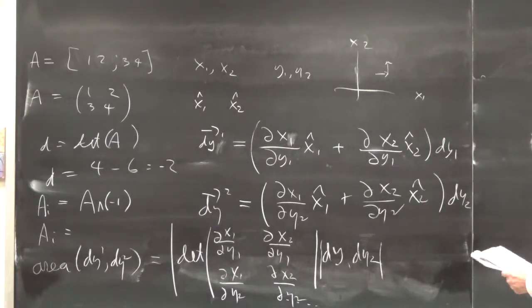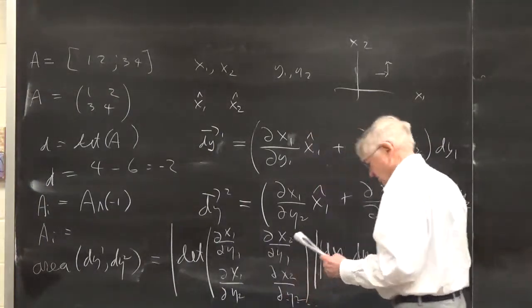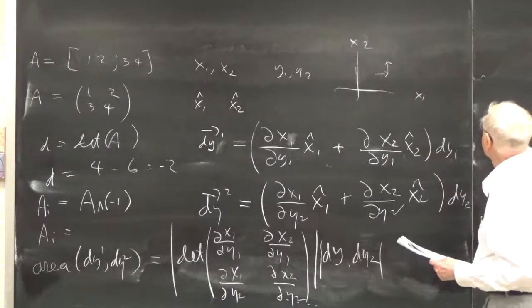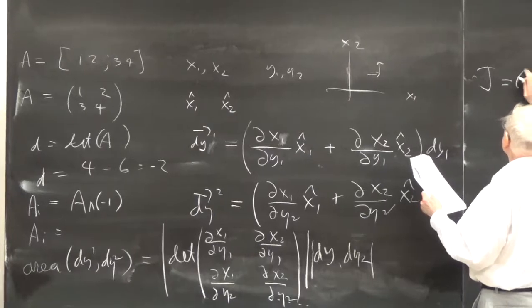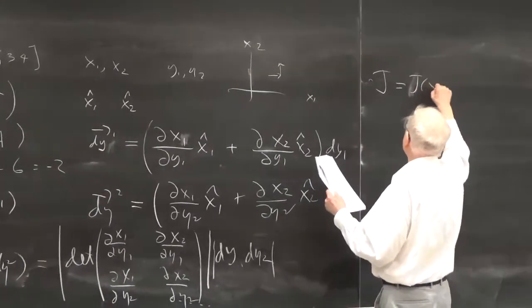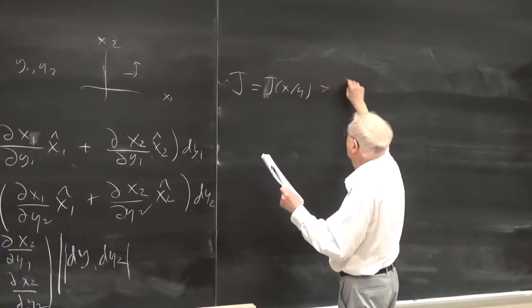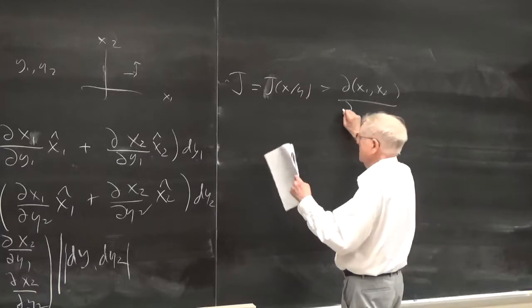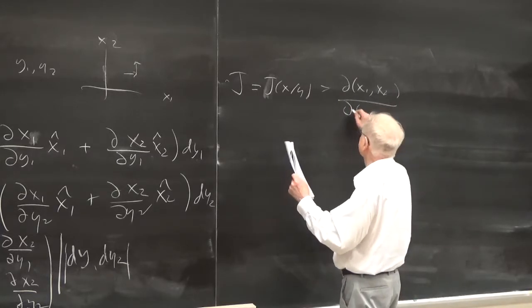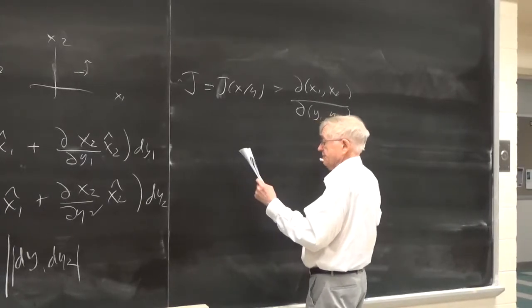Okay, so what this thing is, the determinant inside here, is called the Jacobian, and it's sometimes written as J of x over y. More commonly, it's written as J of x1, x2, y1, y2, like this.